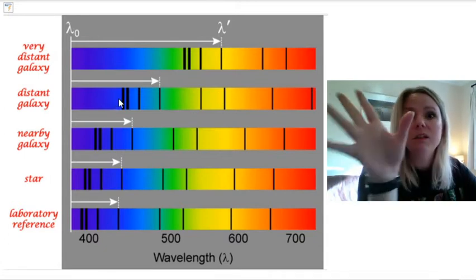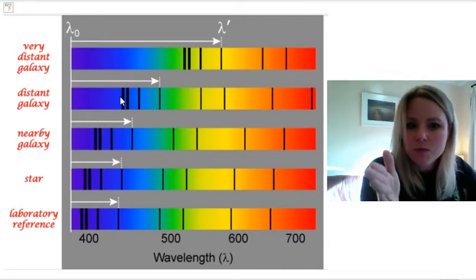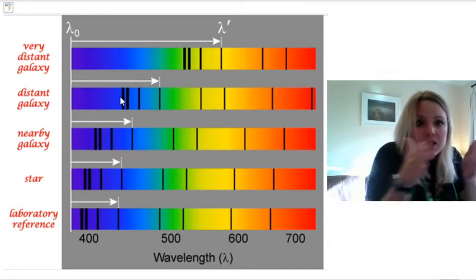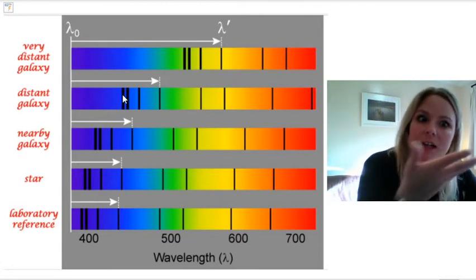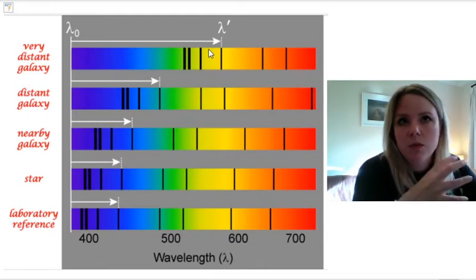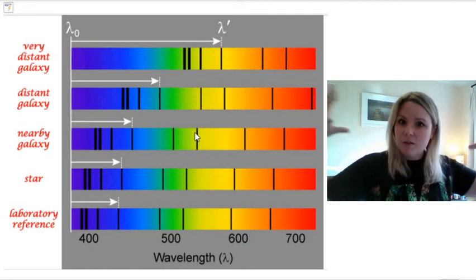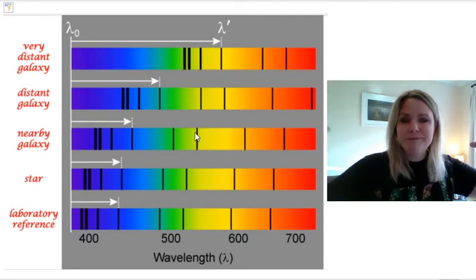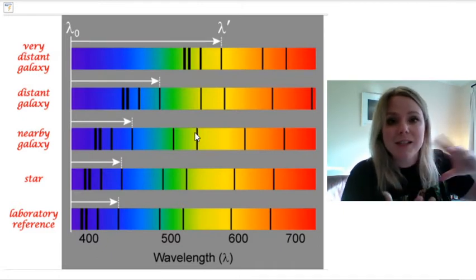So galaxies, well, they're all really far away, but you know what I mean, even further away, those lines are shifted more towards that red end of the spectrum, and then even further away, they're even more red shifted. So all of this is evidence that everything is really moving away from each other. No matter what direction they looked in, the same thing is happening.